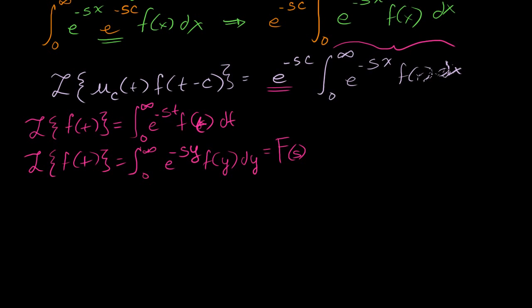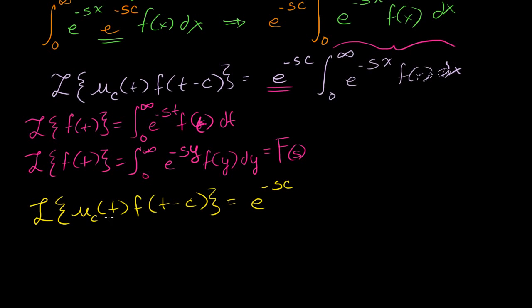So we can now show that the Laplace transform of the unit step function times some function f of t minus c is equal to this function right here, e to the minus sc, where this c is the same as this c right here, times the Laplace transform of f of t.